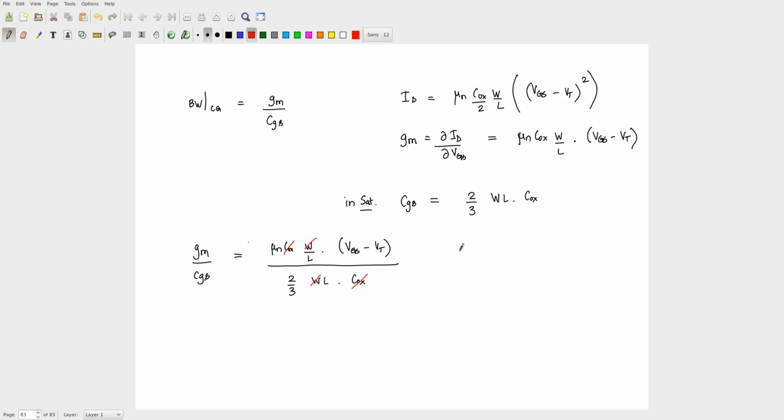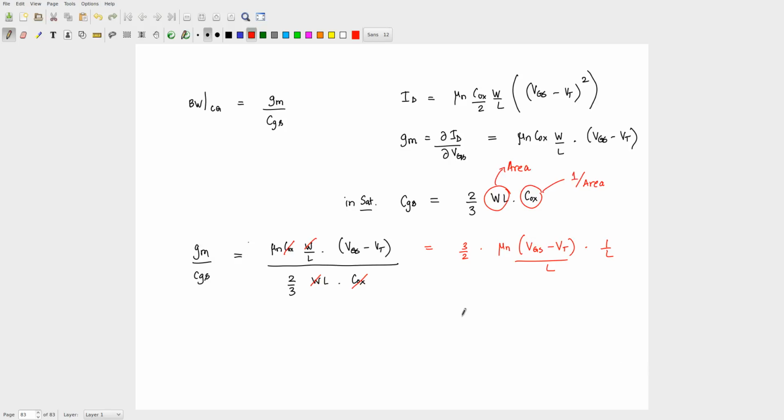This will become 3/2 into mu n (VGS minus VT) divided by L, into 1 by L. There is a WL because Cox has units of per area. So you are multiplying it into the gate area. This has units of 1 by area.